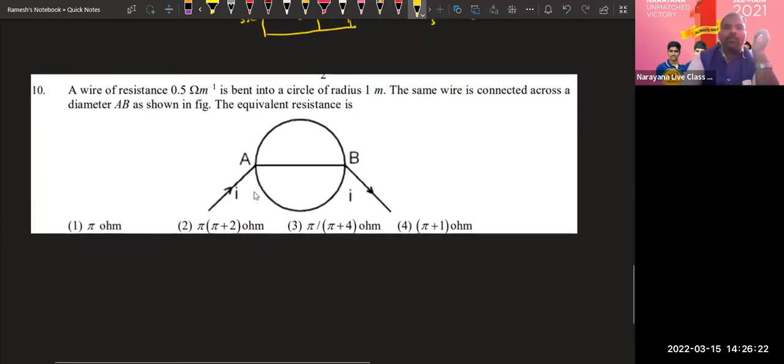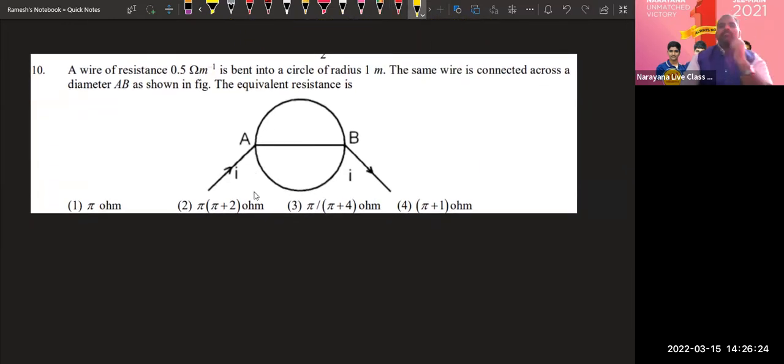Okay, students, this is the next problem. A wire of resistance 0.5 ohm per meter. Sorry, not resistivity. 1 meter of wire has how much resistance? 0.5 ohm, bent into a circle of radius 1 meter.